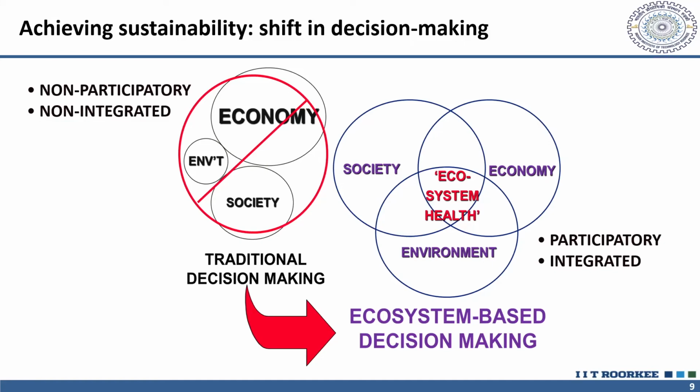But this decision making is now hampering the environment and the society. So we have to move from traditional decision making to ecosystem based decision making, where our decisions will be governed not only by the economy but also by the societal and environmental impacts. We have to take integrated efforts towards achieving such sustainable systems.